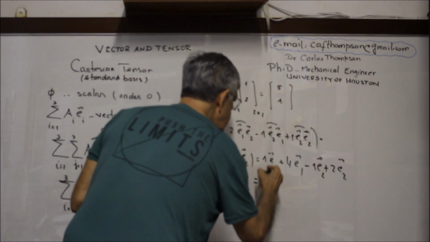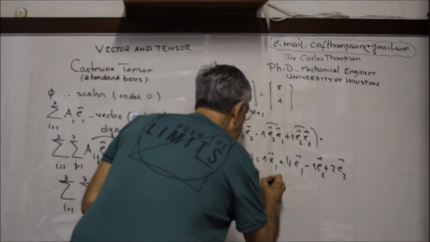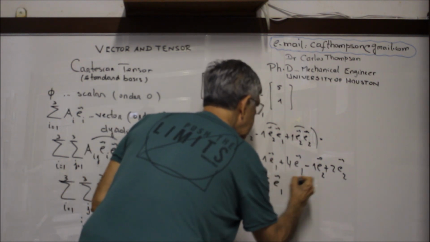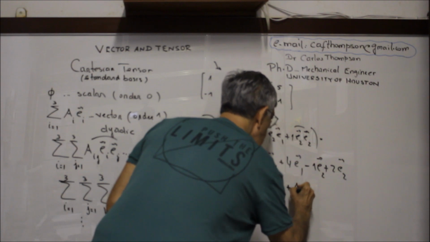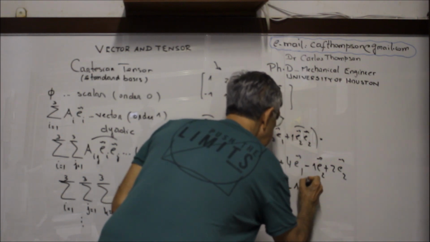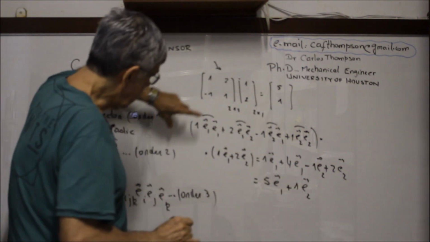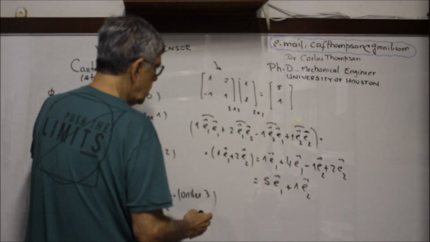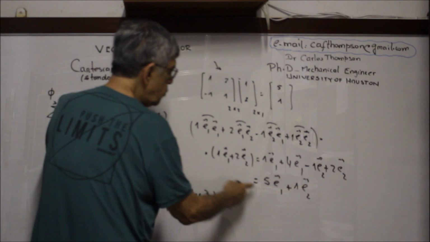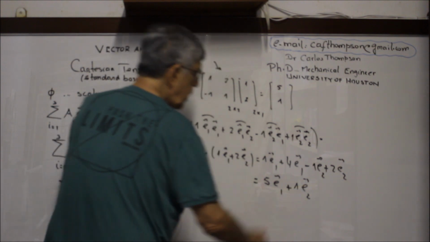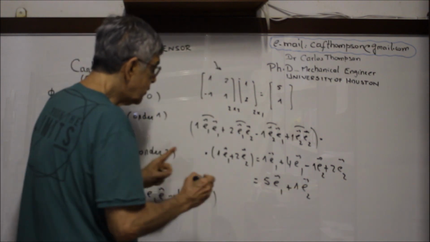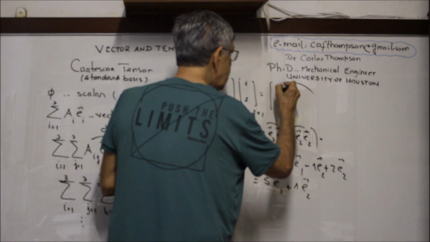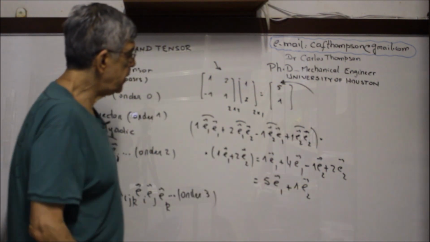Now, this will be 5 E1 plus 1 E2. You see, the dot product of the second order tensor with this vector will be 5 E1 plus 1 E2, exactly this component over here.